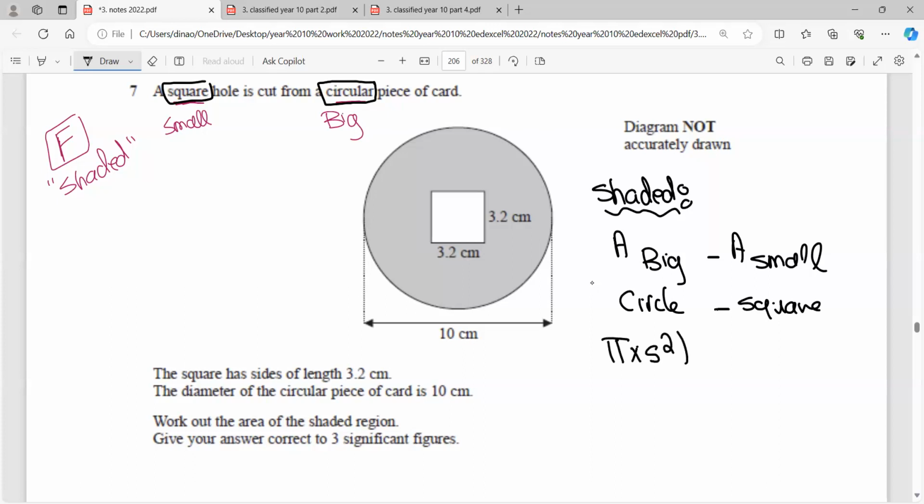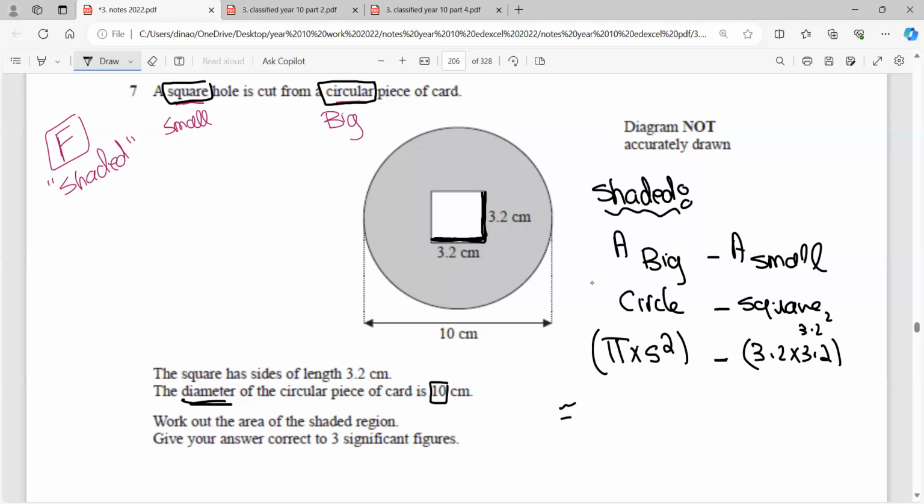Of course guys, I guess you know how we got the 5. The diameter is 10, so I can easily find the radius, divide the 10 by 2. Minus the square, which is side times side, length times width, base times height, Muhammad times Hussein, as we said, doesn't make a difference. 3.2 times 3.2. Of course, this could be written as 3.2 squared. It's the same. And then, as I always say, my dears, one step on your calculator.